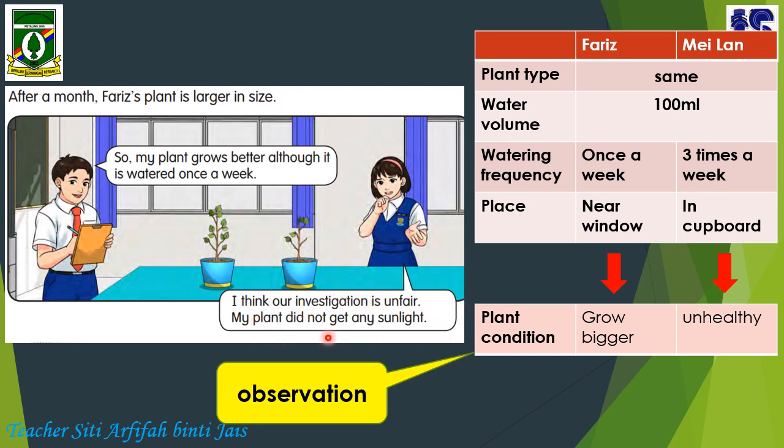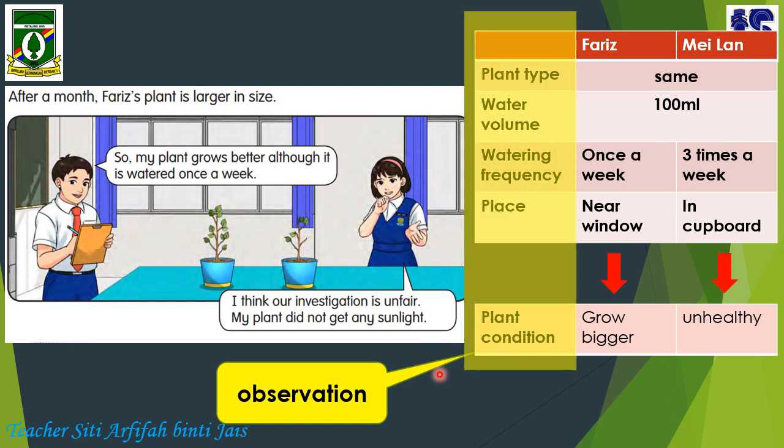My plant did not get any sunlight. Okay, remember the concept: plants need sunlight to grow healthy. Now, these are all the variables: plant type, water volume, watering frequency, place of the specimen, and also plant condition.